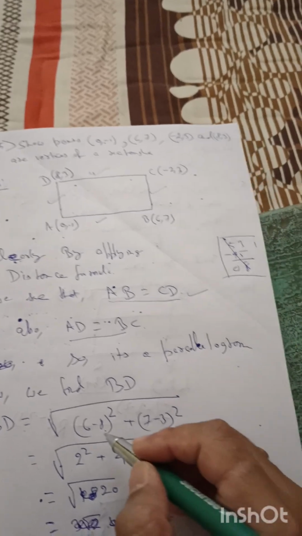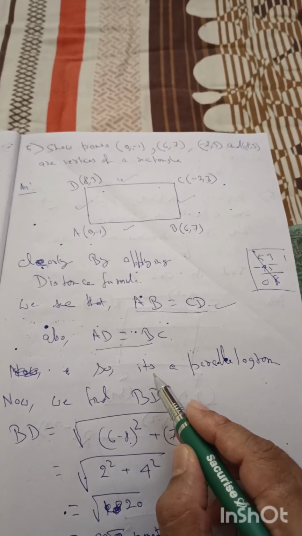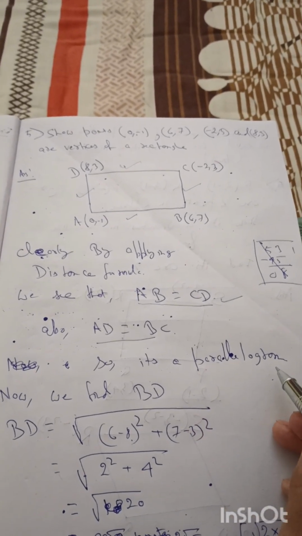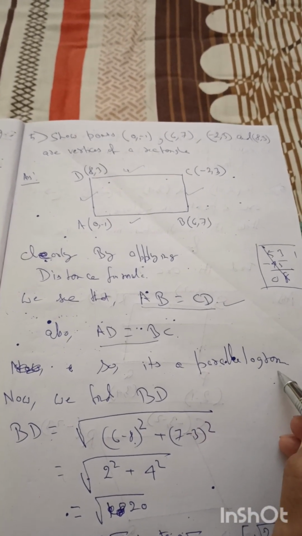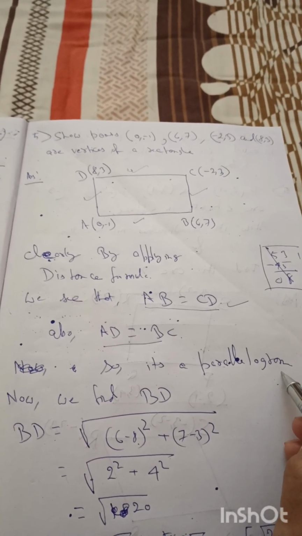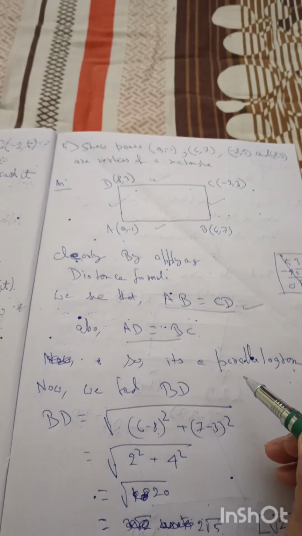So we find that the opposite sides are equal in length, so we can say that the figure is a parallelogram. Now we have to find whether it is a rectangle or not.